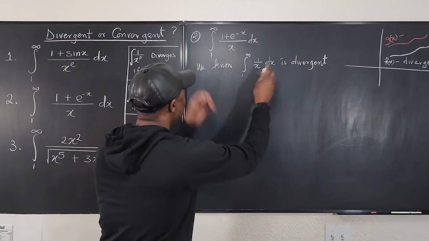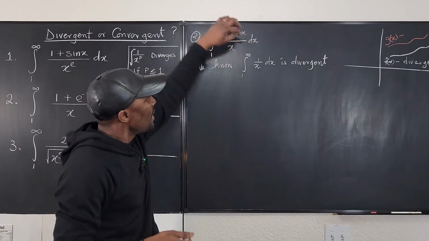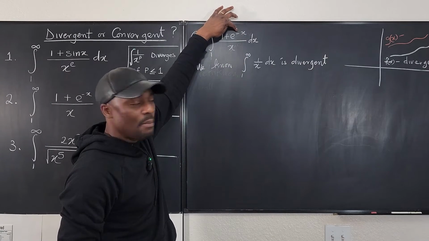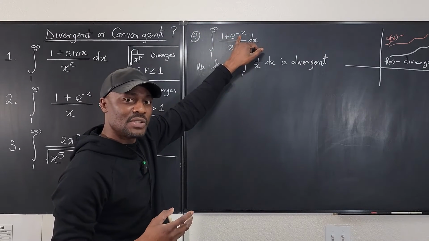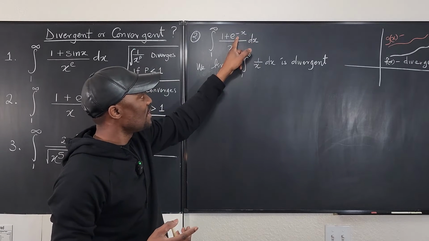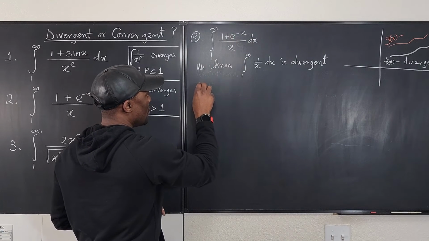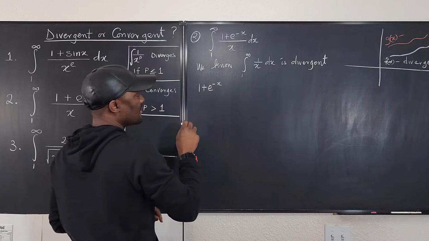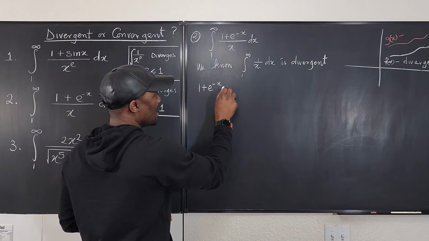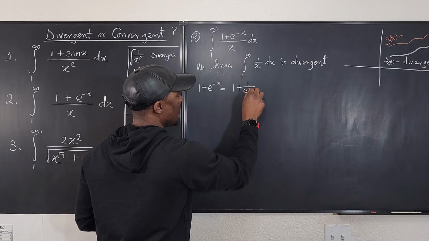Okay, so now that's what we have. Now, let's look at the behavior of the top. What do you think is happening to this as x approaches infinity? This is becoming smaller. You notice that this expression here, 1 plus e to the negative x, is the same thing as 1 plus 1 over e to the x.